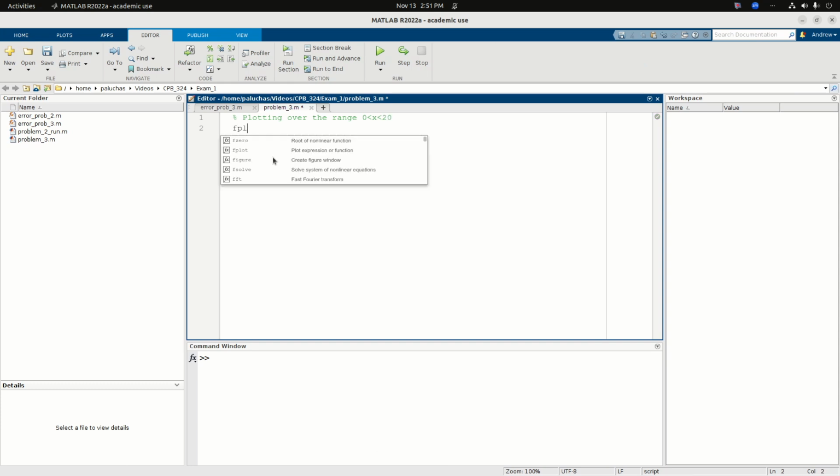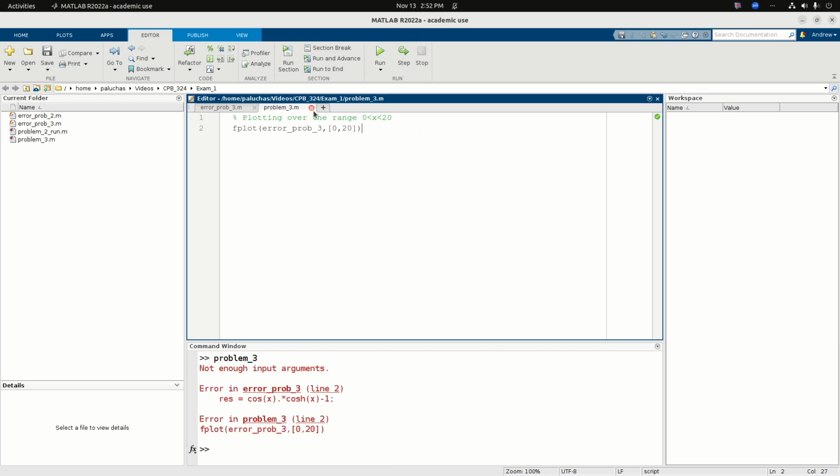So this could be an fplot of err_prob3 from the range 0 to 20. Let's do that. Oh, not enough input. I forgot the function handle, my @ sign.